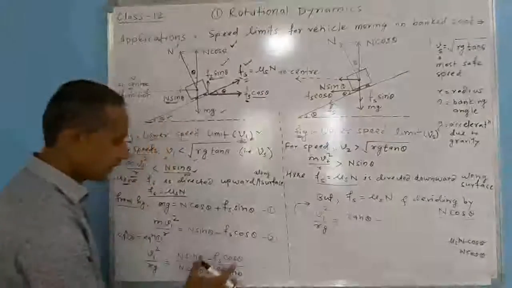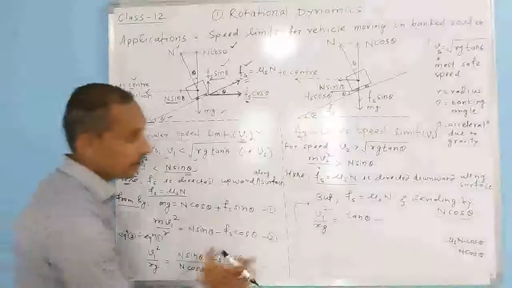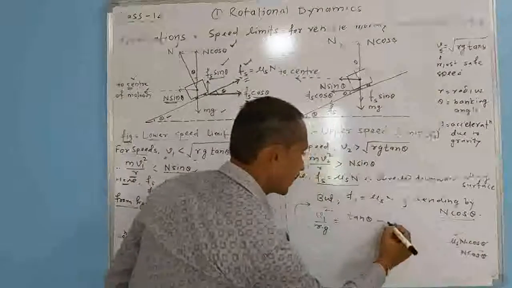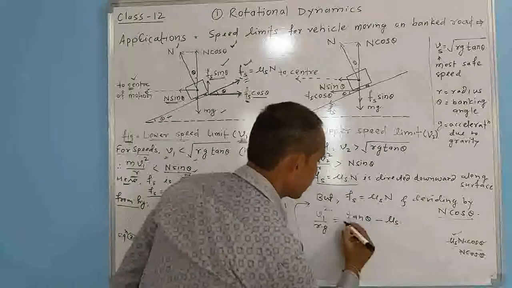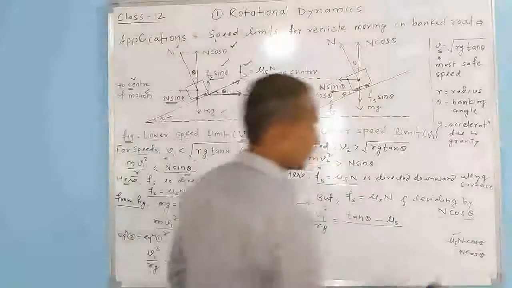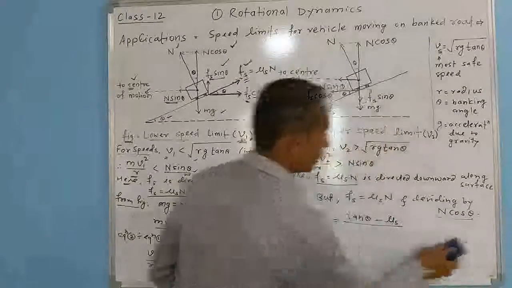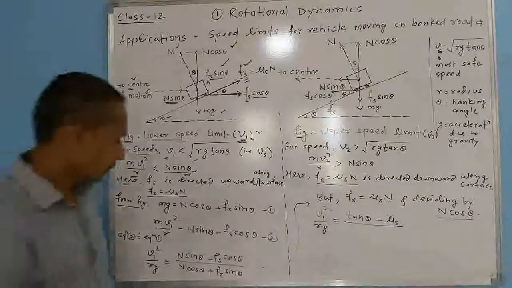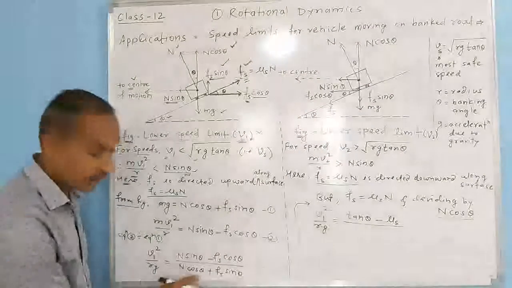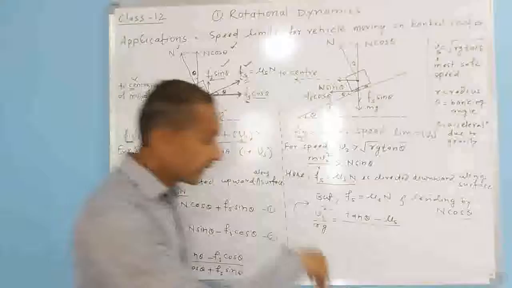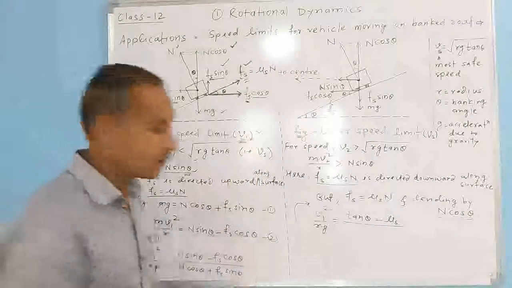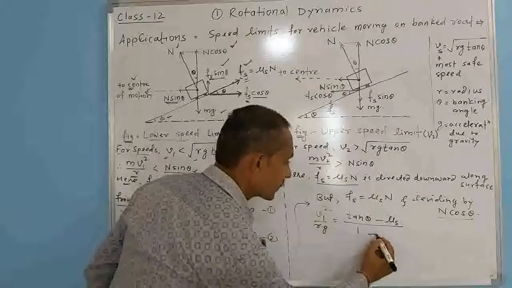So whenever we divide this by N cos theta, we get mu s. Then at the denominator, N cos theta divided by N cos theta means 1.